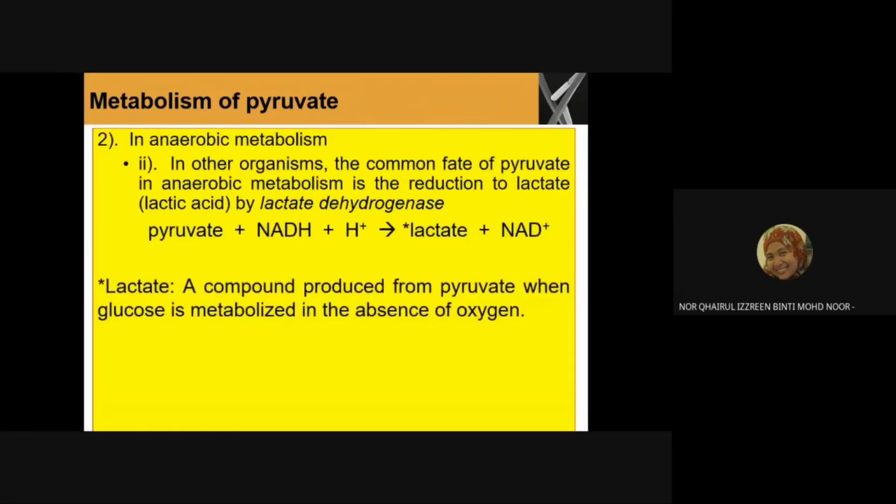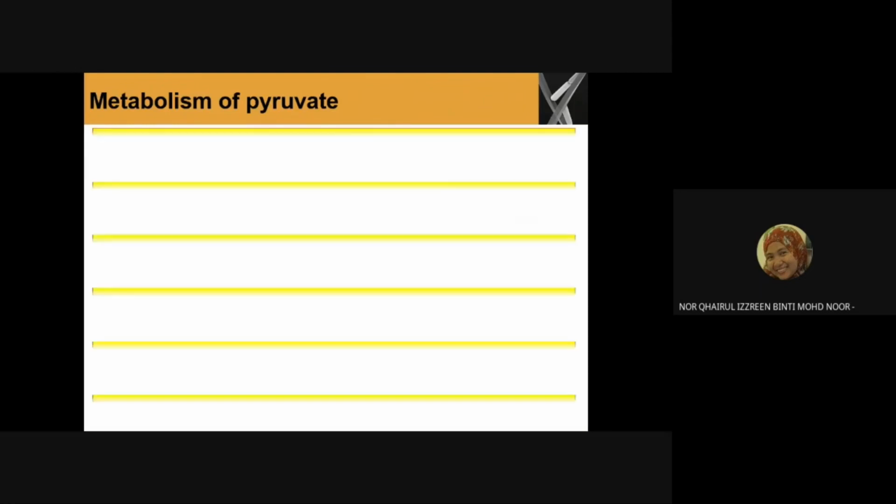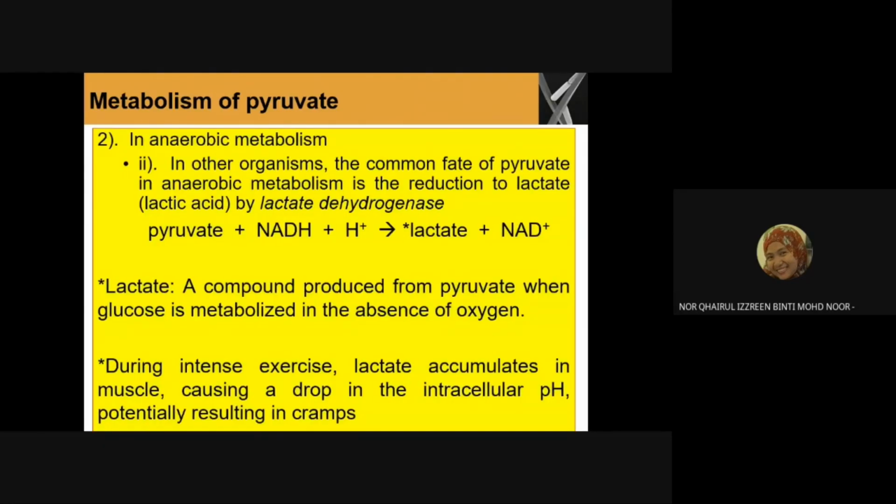Basically, in anaerobic metabolism, besides producing ethanol, in other organisms pyruvate is reduced to lactate by lactate dehydrogenase. So pyruvate plus NADH plus H plus produces lactate plus NAD plus.